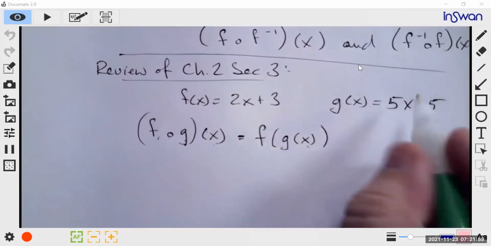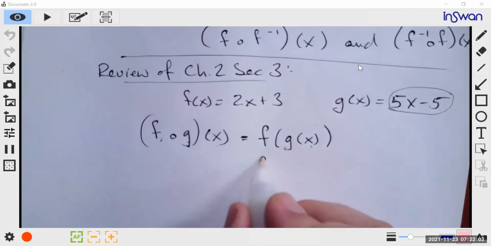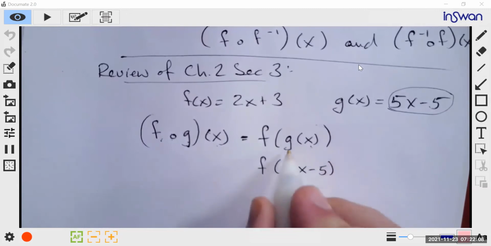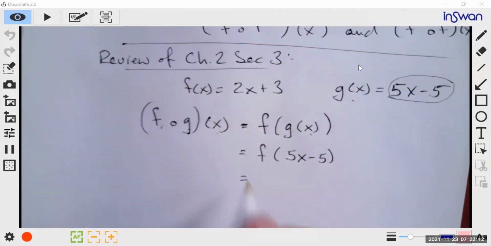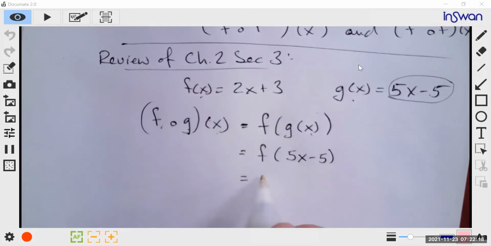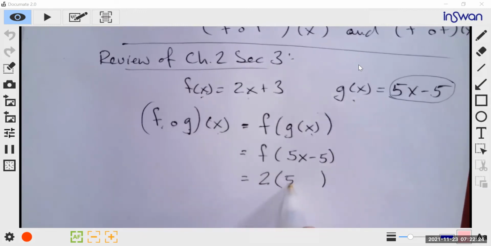So what that means is this equation goes inside the parentheses. That's what g of x is. Whatever's inside the parentheses is what x is. So inside this equation, in place of x, we put 5x minus 5 and plus 3.